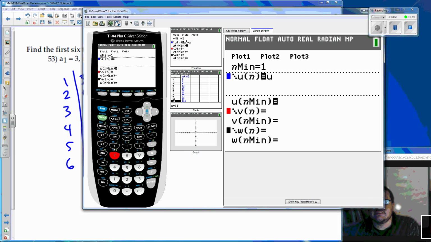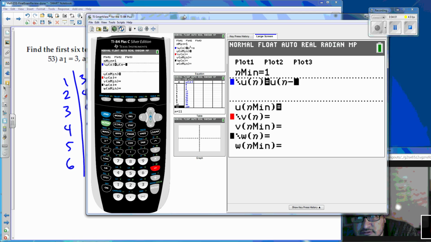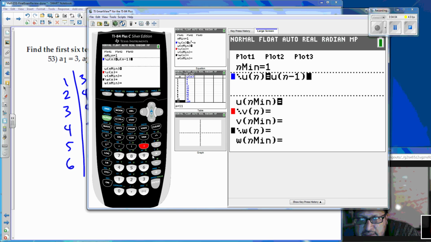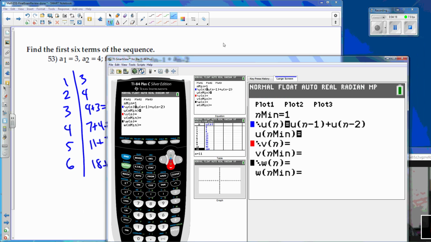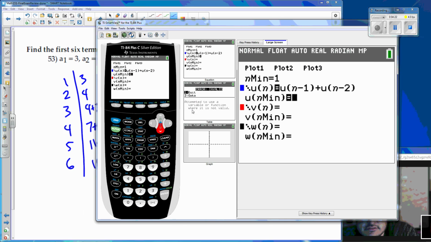Second 7 gives us the u, and we're going to put n minus 1, plus second 7, n minus 2, and we need to tell it the first 2 points. The first 2 points are 3 and 4. So we put 3, comma 4. So it knows the first 2 points.